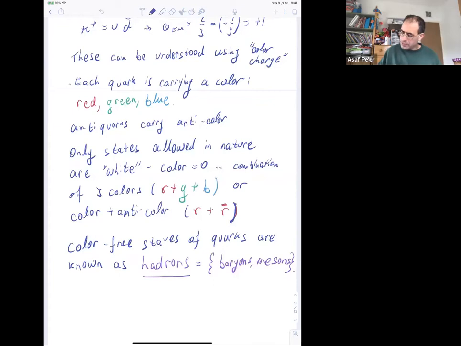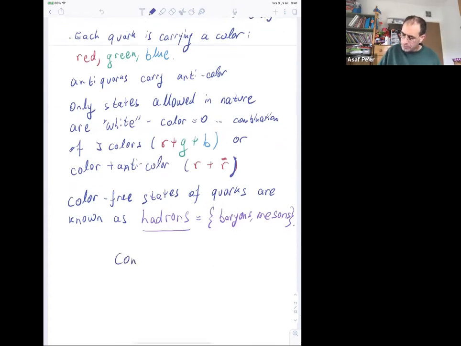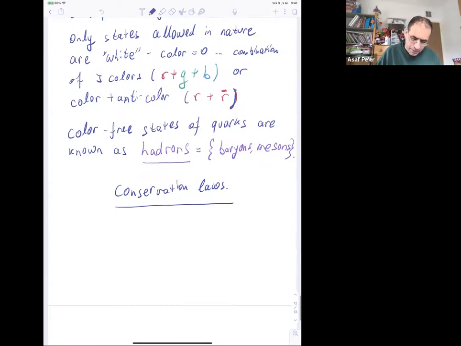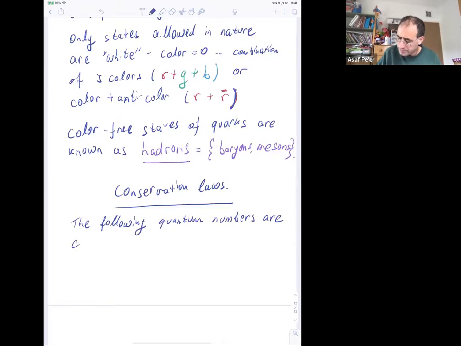Okay. So conservation laws. I said this already, but let's say it again because of the importance. I think I might also include a few more here. The following quantum numbers are conserved.